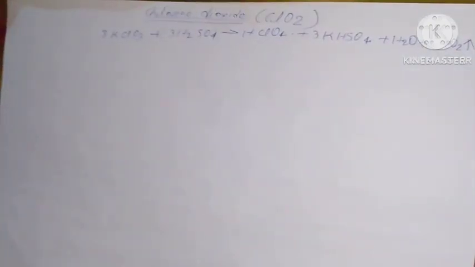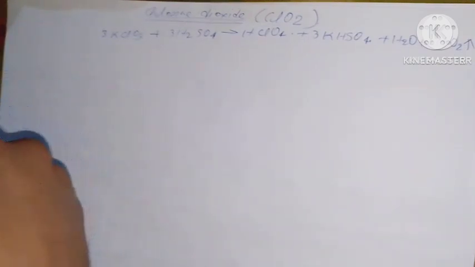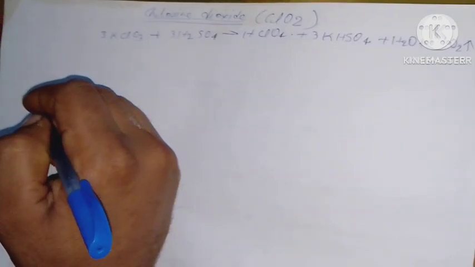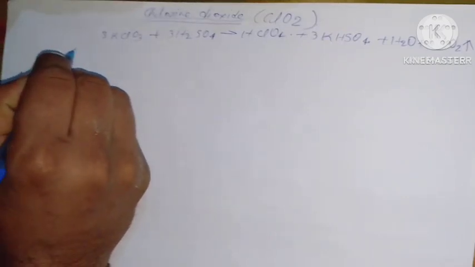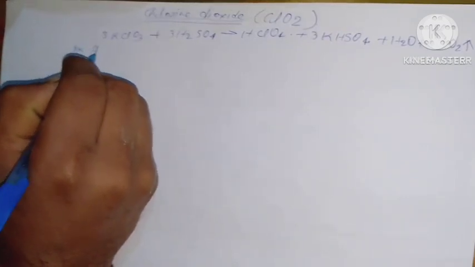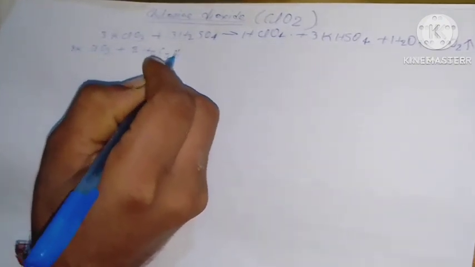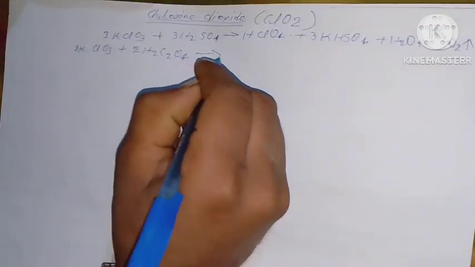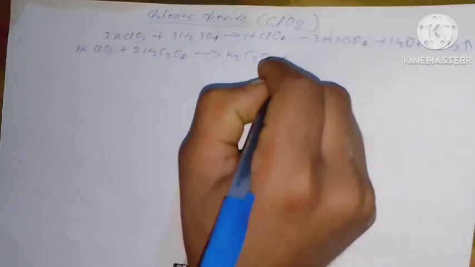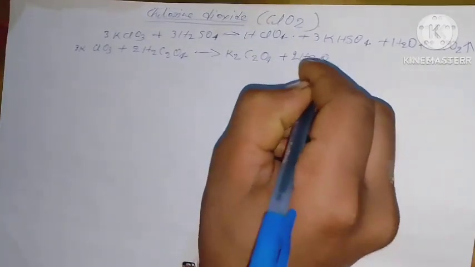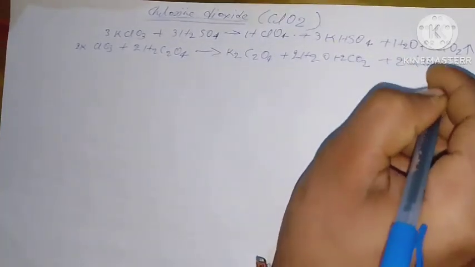As there is a chance of explosion in this reaction, ClO2 is prepared by heating KClO3 with oxalic acid: 2KClO3 plus 2H2C2O4 gives K2C2O4 plus 2H2O plus 2CO2 plus 2ClO2.